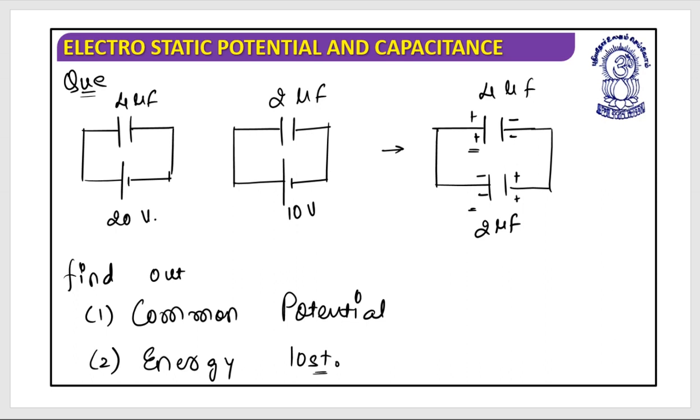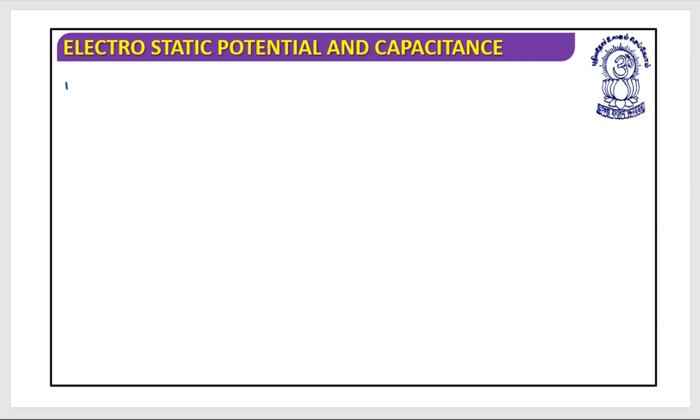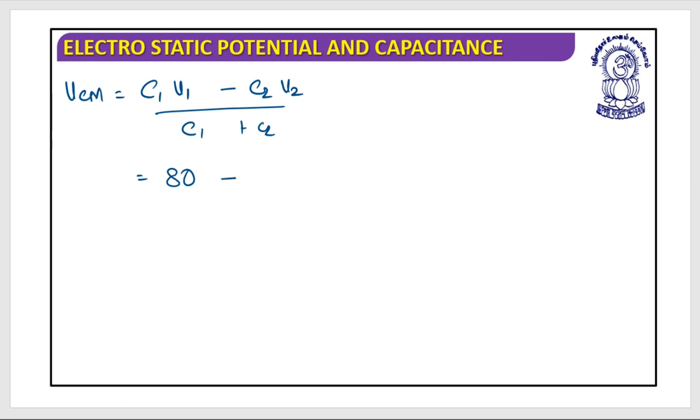So V common should be C1 V1 minus C2 V2 divided by C1 plus C2. My first capacitor was of 4 microfarad connected with the battery of 20 volt, so this is 4 times 20, it's 80, minus the other, which is 2 microfarad connected with the battery of 10 volt, it's 20, divided by C1 plus C2, it's 4 plus 2, it's 6.